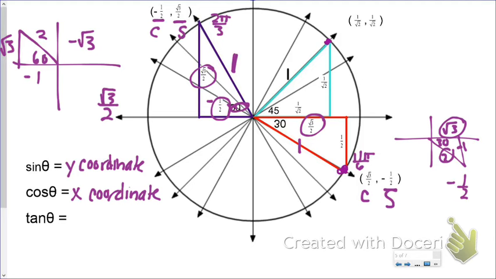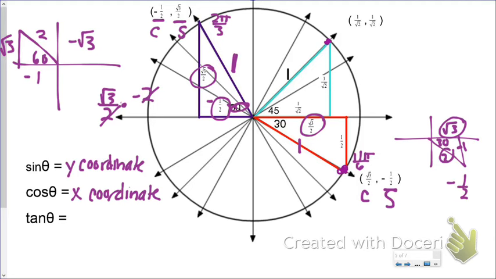So the way I figure out my tangent values, I do root 3 over 2 divided by negative 1/2. And when you divide fractions, you flip the second and multiply. So that means I'd be multiplying by negative 2. Those 2's cancel, and I get that same value.